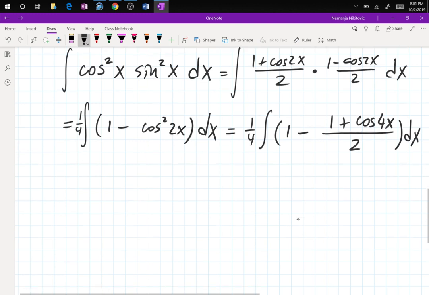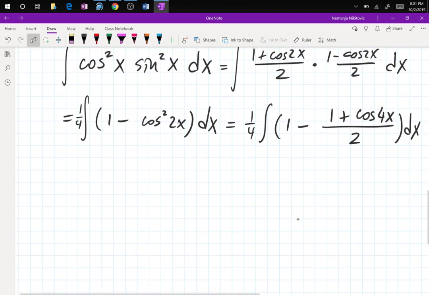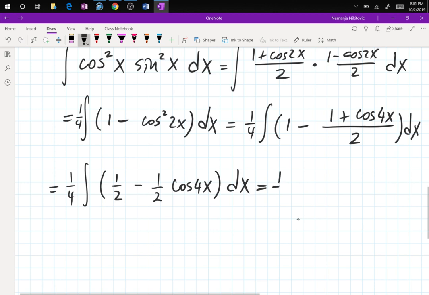And finally, we have basic integration. We have 1/4 integral of 1 minus a half is a half, and then minus 1/2 of cosine 4x dx. So these are now basic integrals. The integral of 1/2 is going to be 1/2 x, and the integral of cosine is positive sine, so minus 1/2 sine 4x over 4 plus c.